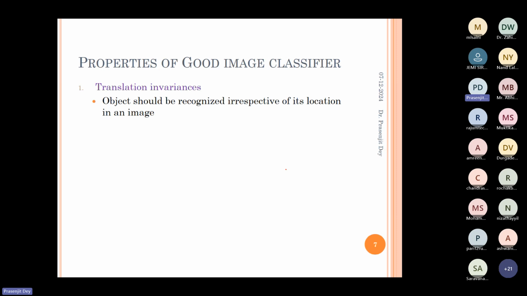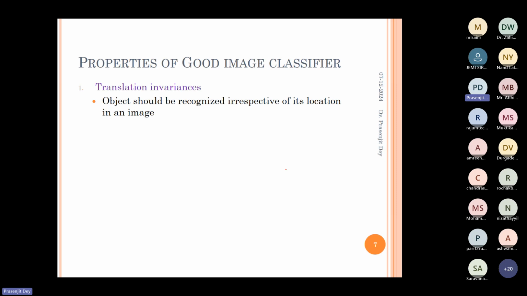Suppose a human face is there. If I rotate that human face 90 degrees, or suppose there is a classifier whose job is to identify dog or cat. Now, if I rotate the image of a cat, if I move the image of a cat in the overall image, if I zoom out or zoom in the image of the cat, the classifier should not have difficulty distinguishing it from the dog. That is the concept of transformation invariance, and translation invariance is one type of it.